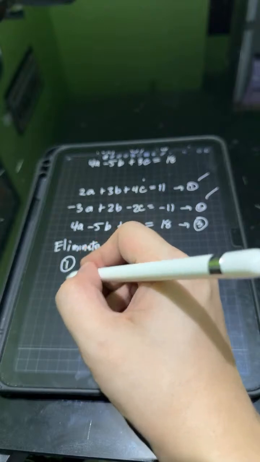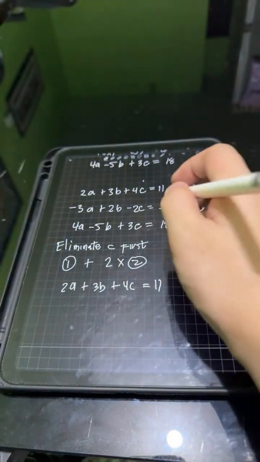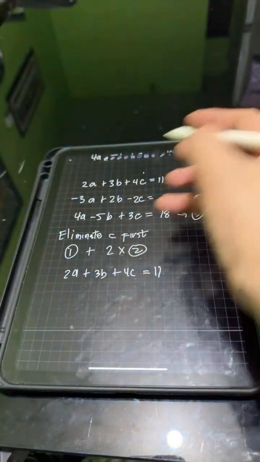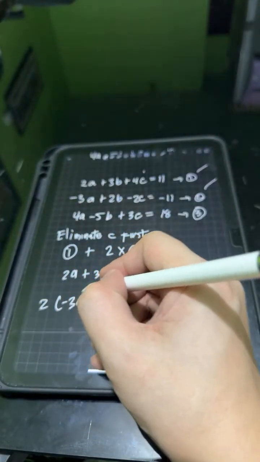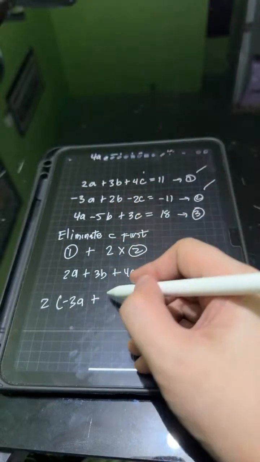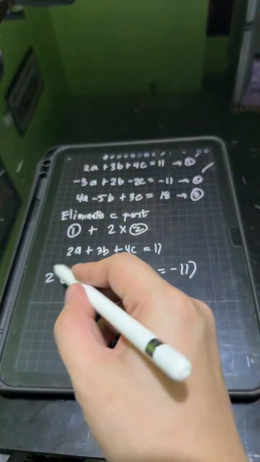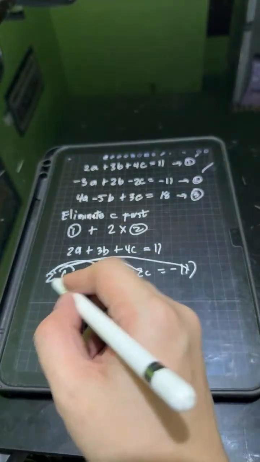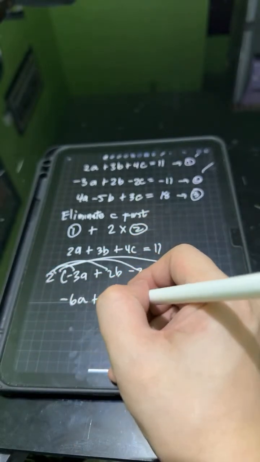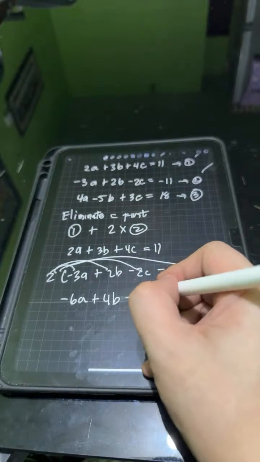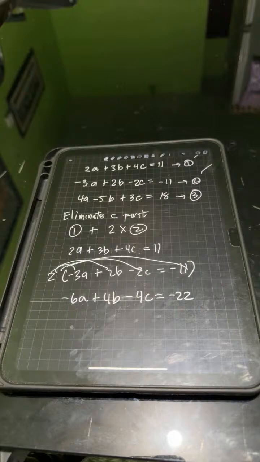So equation 1 is 2a plus 3b plus 4c equals 11. And 2 times equation 2: multiply equation 2 both sides by 2. So 2 times quantity negative 3a plus 2b minus 2c equals negative 11. Distribute the 2: negative 6a, positive 4b, negative 4c, negative 22.